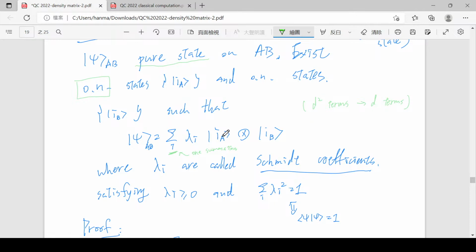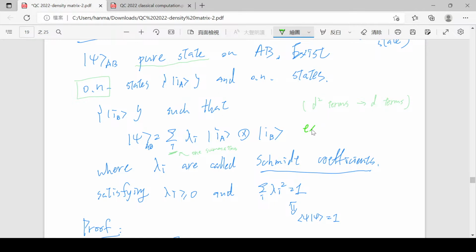And I guess the state that's already written in Schmidt decomposition is our favorite Bell state. The Bell state is 1 over square root 2, |00> plus |11>.